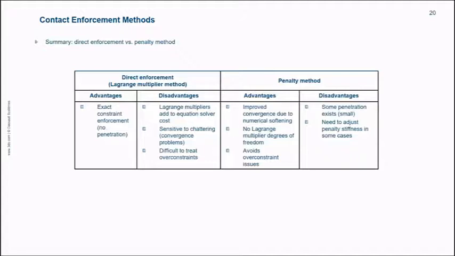It turns out that the penalty method constraint is also pretty strict, but not completely strict, and so it really helps the convergence. And it's also nice in the sense that you alleviate a lot of issues with over constraints. It's hard to do direct enforcement contact on a node which has lost its degrees of freedom due to some sort of kinematic constraint, like an MPC, say.